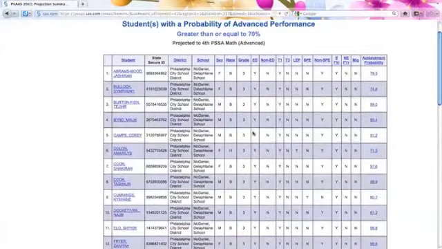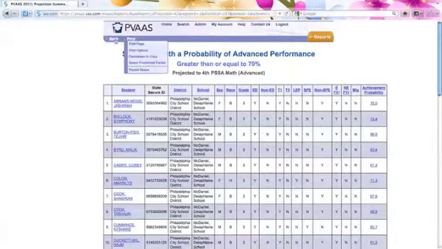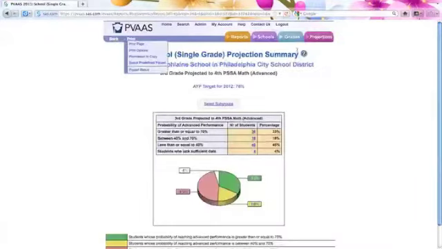If we're looking at greater than or equal to 70%, anything above 75% would indicate that the student already is performing at the advanced and proficient level. Anything below 70%, those students are close, but they're right on the cusp of performing on the proficient level.